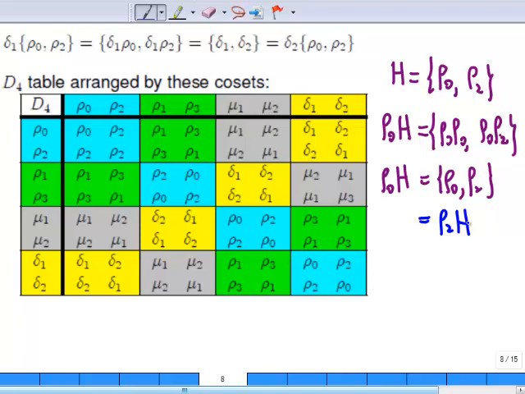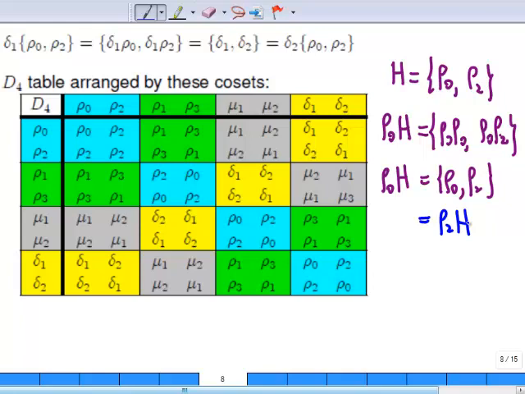If you multiply H by rho 2, you get the same coset. Rotate 0, rotate 180 degrees, you get the same set coming out. Rho 0 is rotate 0, rho 2 is rotate 180 degrees. If you rotate 180 degrees, then rotate 180 degrees again, how much do you rotate?